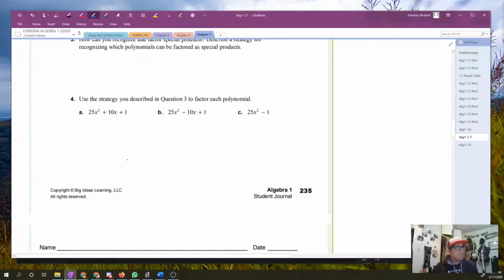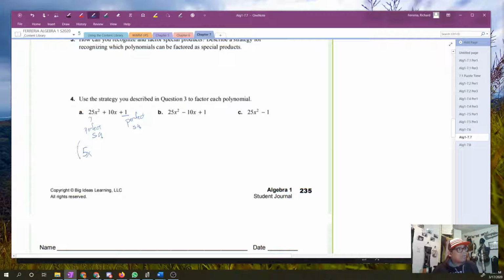Let's try and figure this out. Let's see, 25x squared plus 1. Those are both perfect squares. This one right here, perfect square. Which means the square root of 25x squared is just 5x.